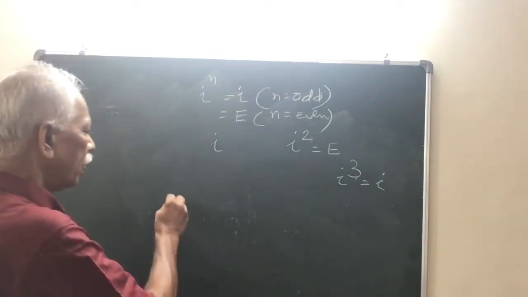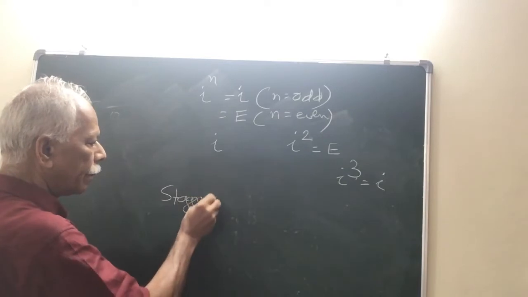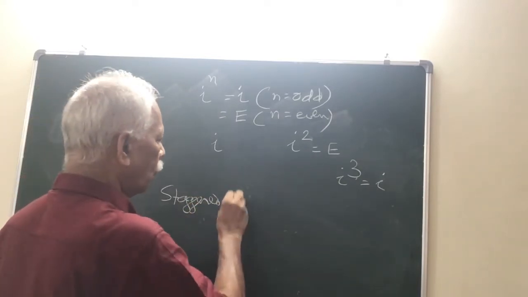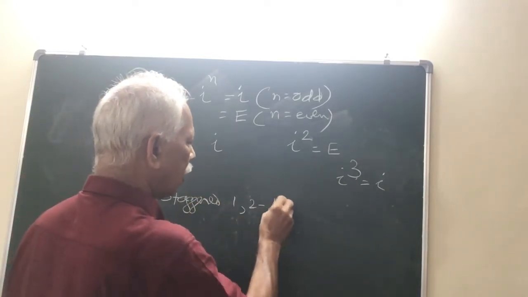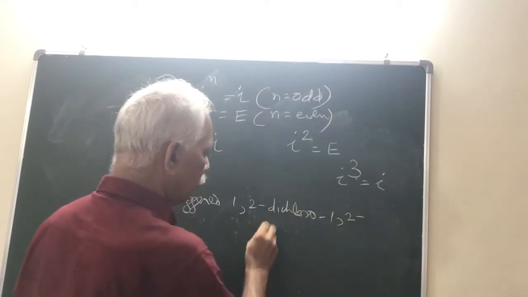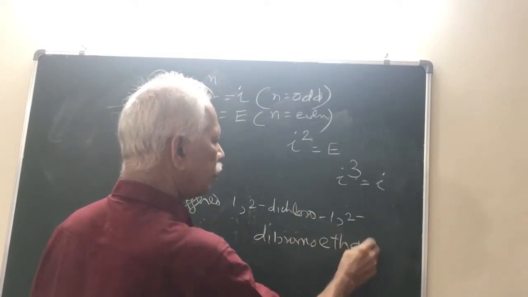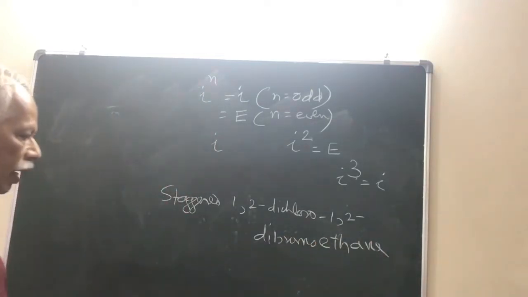Think of staggered 1,2 dichloro, 1,2 dibromo ethane, staggered.